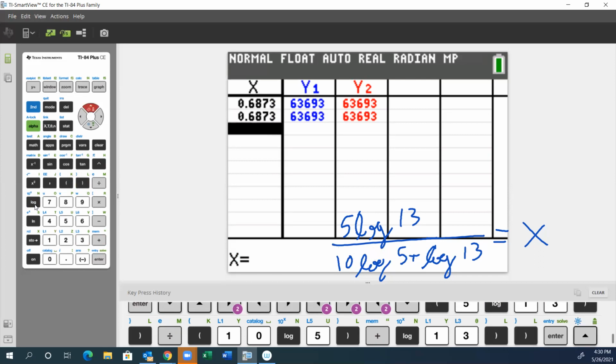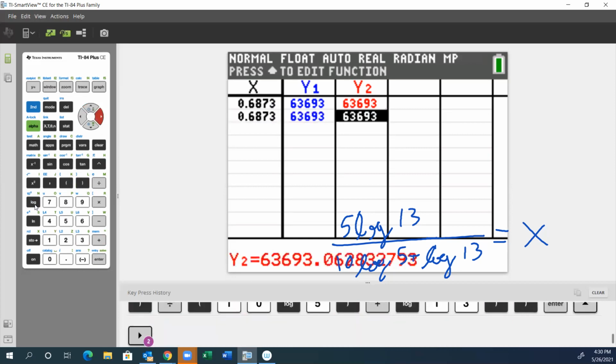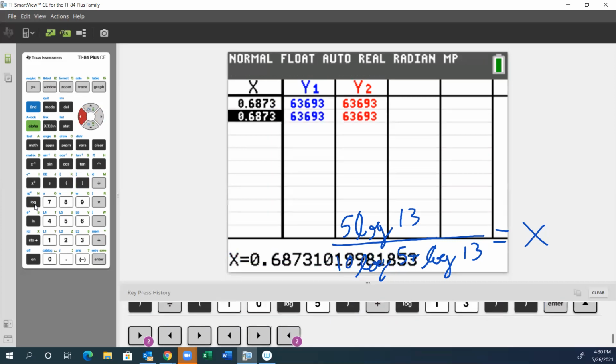Okay. Now I've typed it in exactly, and it still has a little round off error in there. But it is the answer.